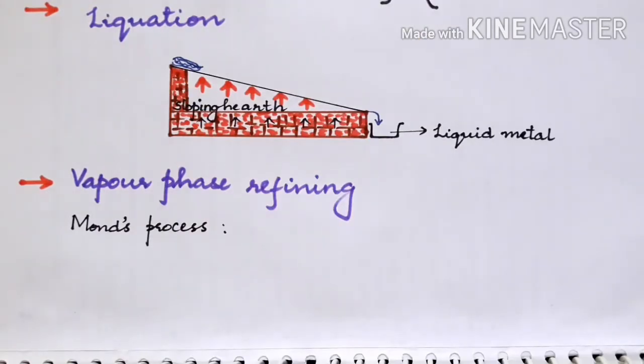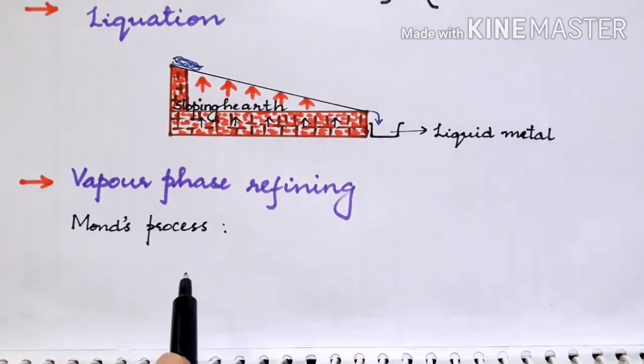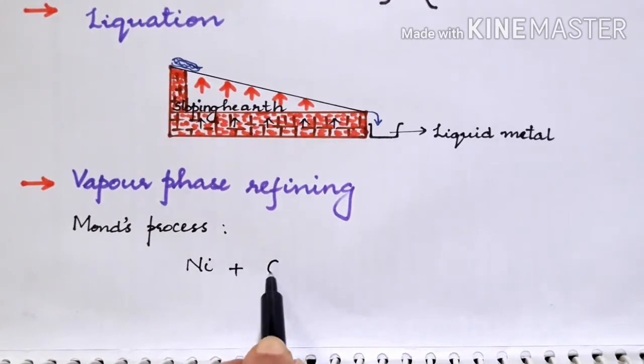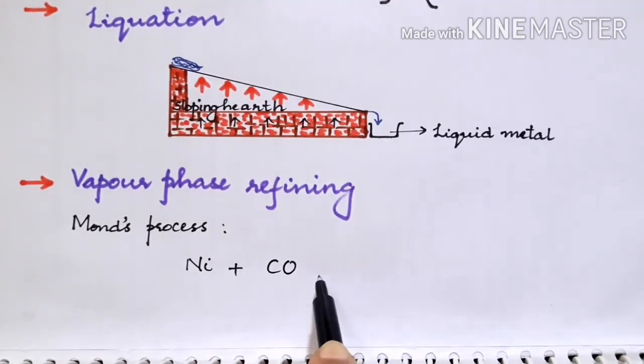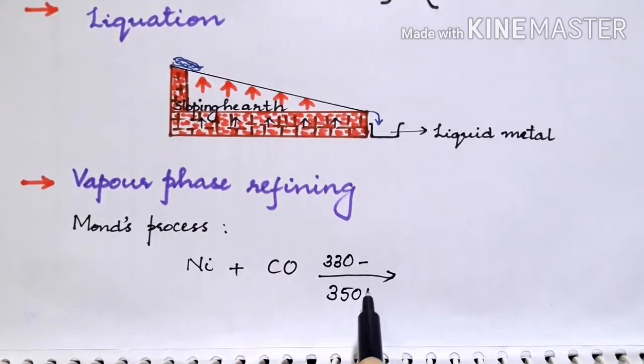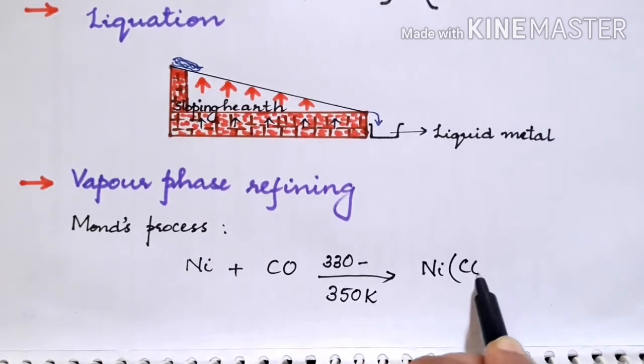If the metal to be purified is nickel, the process is known as Mond process. Here, the metal is treated with carbon monoxide at a temperature around 330 to 350 Kelvin to form tetracarbonyl nickel.